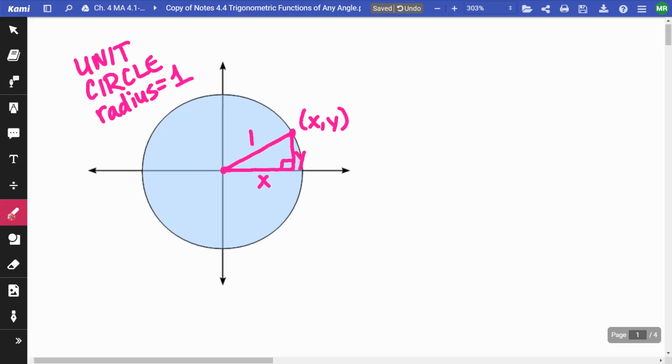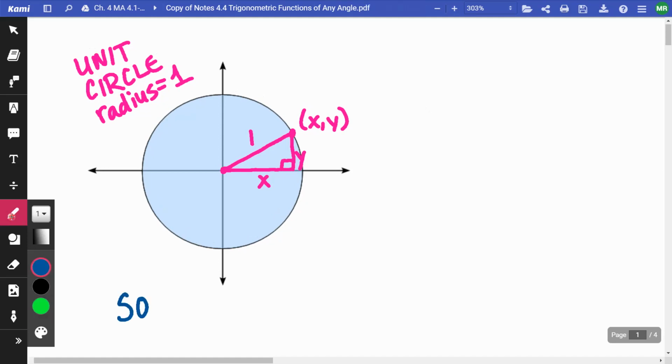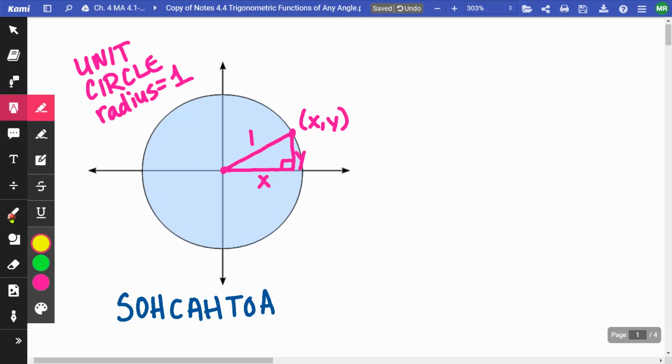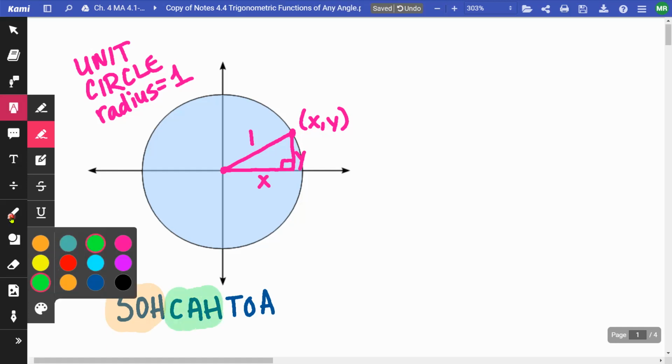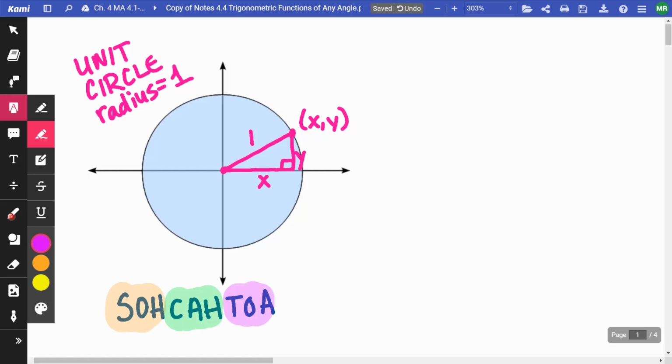Now, when I am using a unit circle of radius 1, we know about SOHCAHTOA, which helps us remember that sine is opposite over hypotenuse, cosine is adjacent over hypotenuse, and tangent is opposite over adjacent.